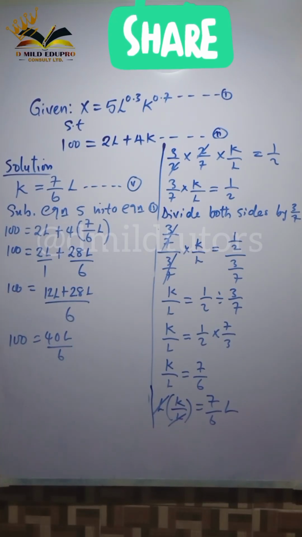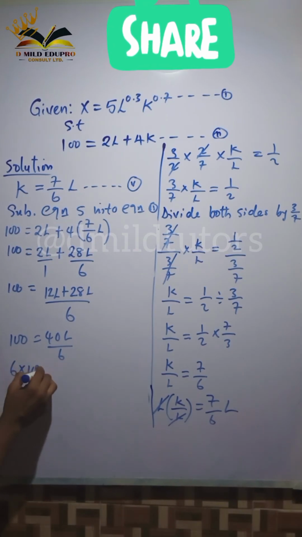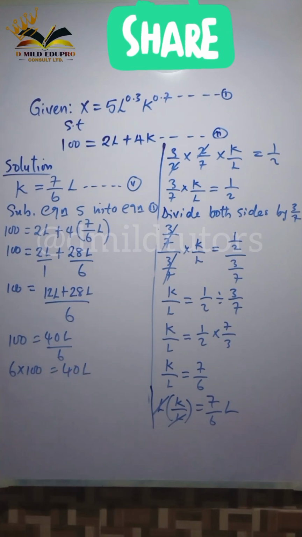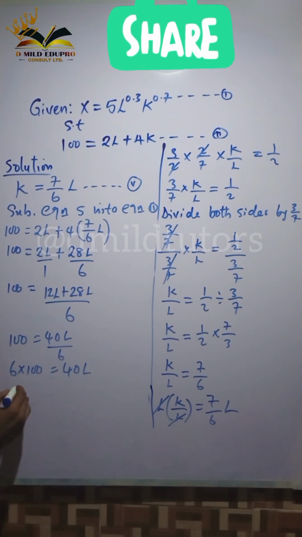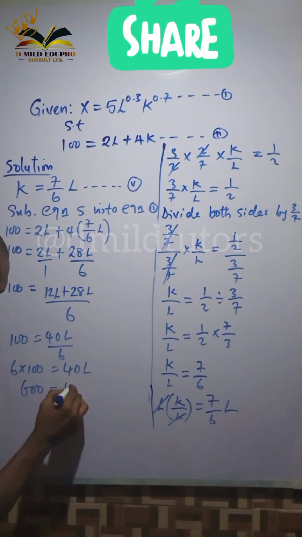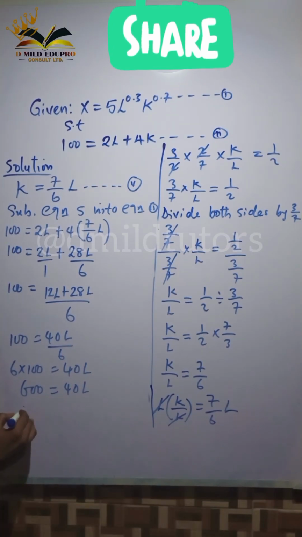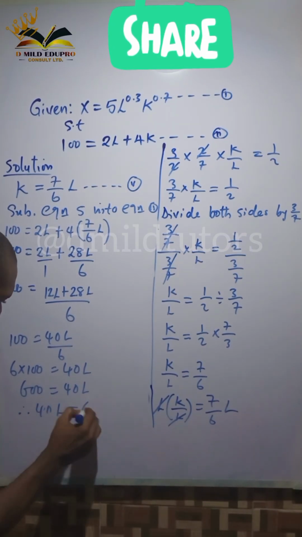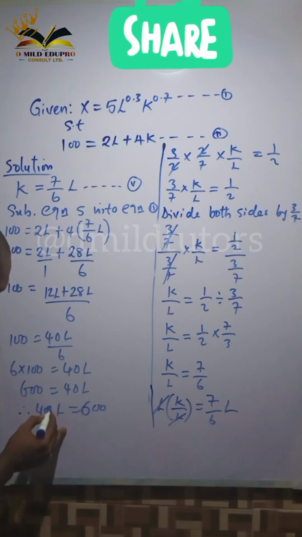So at this point we cross multiply. So you are going to have this times this. You have 6 times 100 equals 40L. All right. So if you multiply these two, you have 600 equals 40L. Now this can be written as 40L equals 600. It's the same thing, just to rewrite.